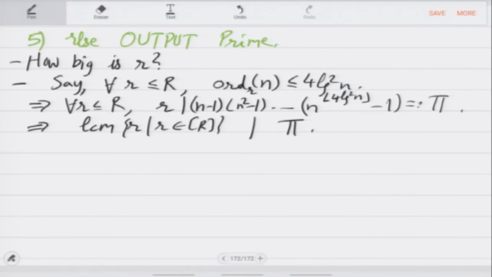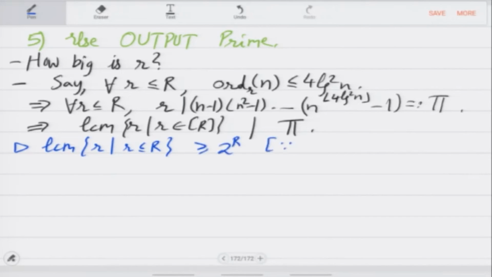How big is the LCM of numbers 1 to R? This is at least 2^R.